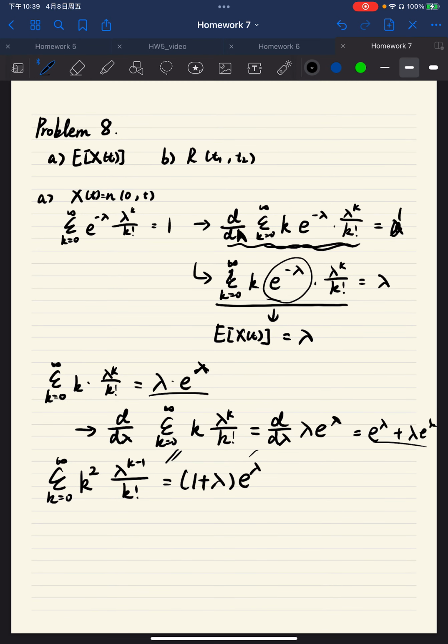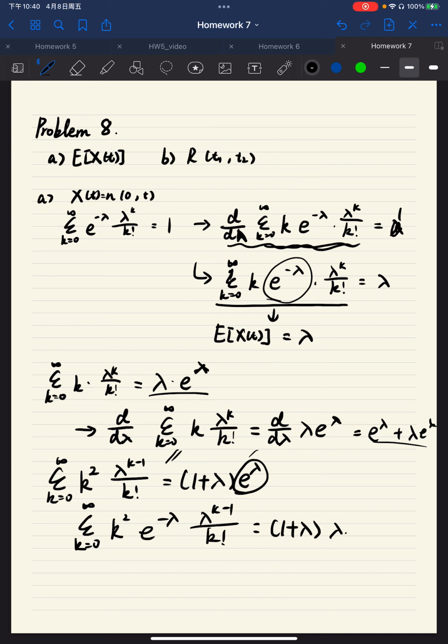Solving both sides and moving this part to the left side, the summation from k equals 0 to infinity of k squared times e^(-lambda) lambda^k divided by k factorial equals 1 plus lambda times lambda.